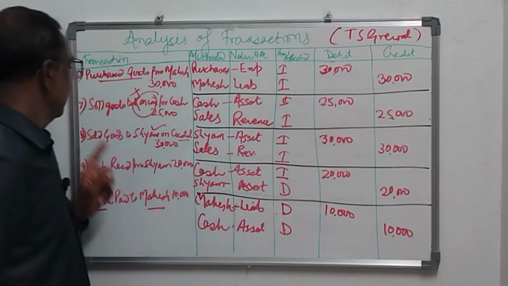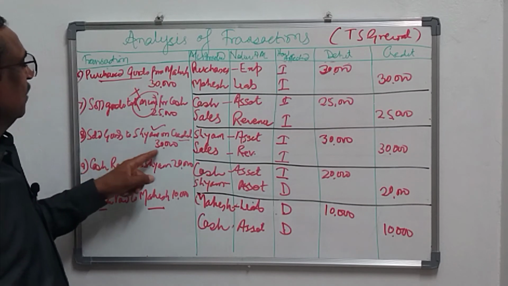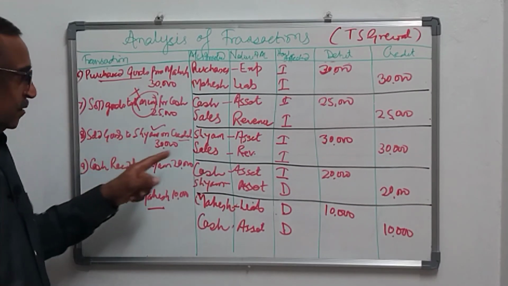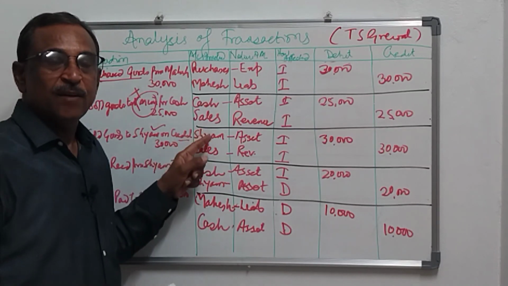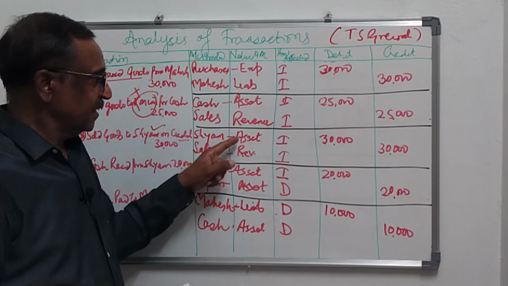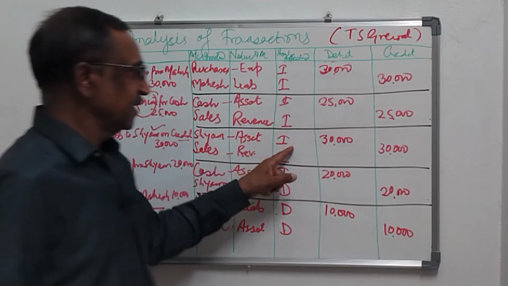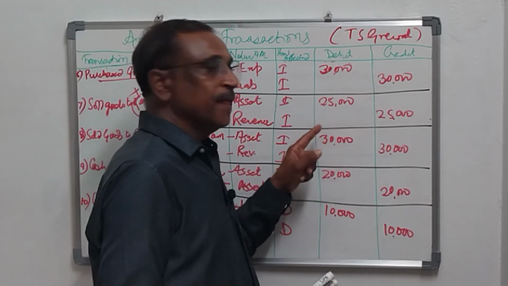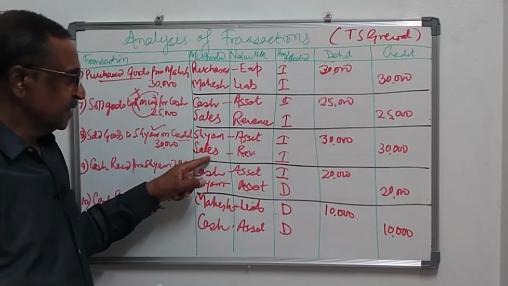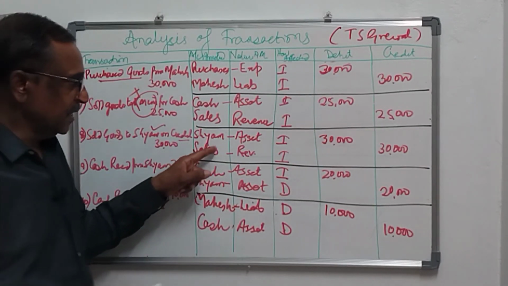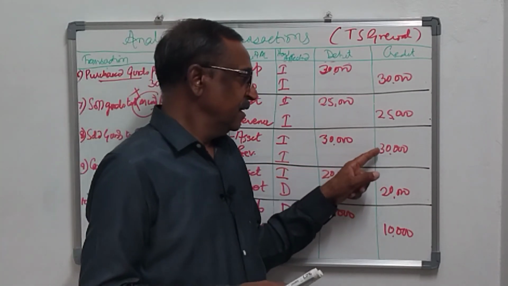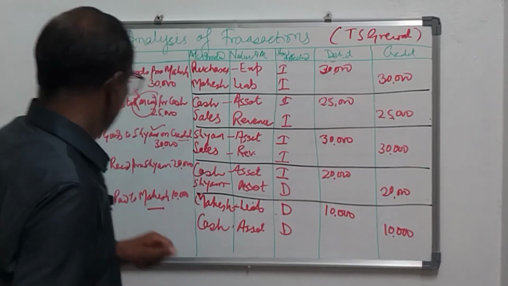Okay. Now sold goods to Shyam on credit 30,000. So you are selling goods to Shyam. Shyam will become your debtor. So Shyam being debtor is your asset, and there is increase in asset. So increase in asset is debited, and against that sales is taking place. So sales being revenue is increasing, and increase in revenue is credited.